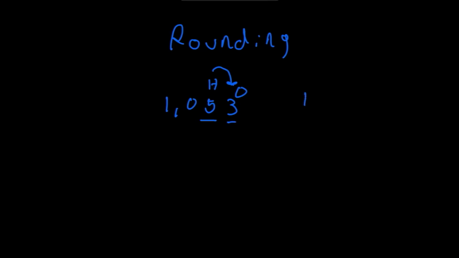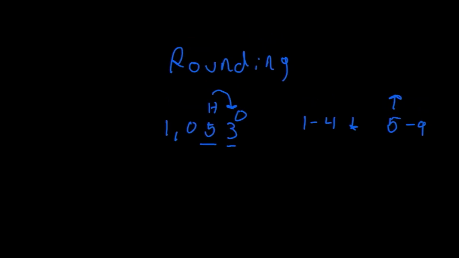If it's a number 1 through 4, you're going to round down, which means you're going to keep your current number. And if it's a number 5 through 9, you're going to round up. So for this 1053, after rounding, it'll just be 1050.